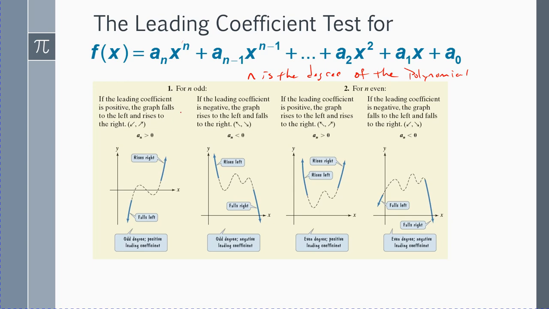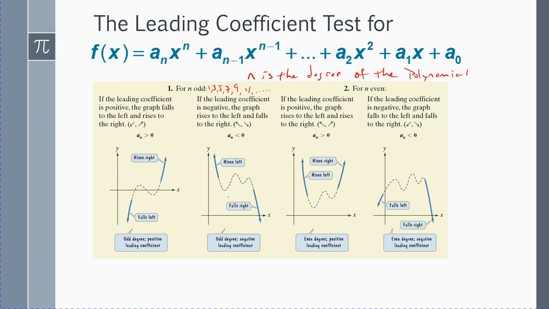If the degree is odd, a number like 3, 5, 7, 9, 11, and so on, even the number 1 here, and the leading coefficient is positive, the graph falls to the left and then rises to the right.